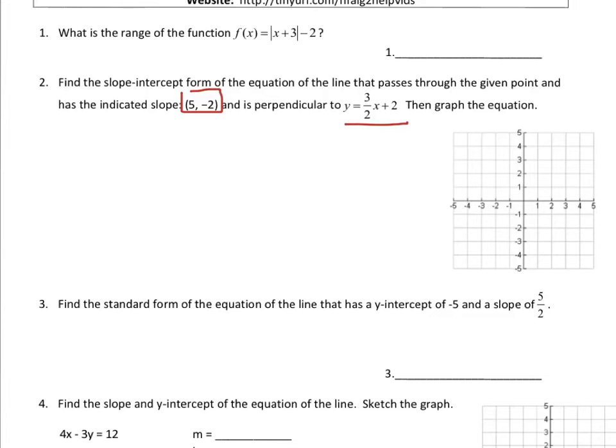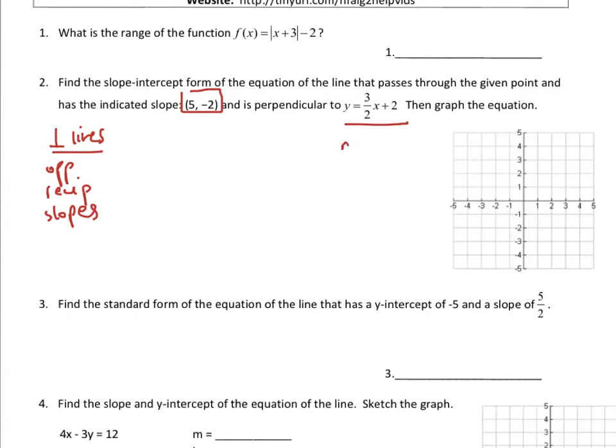But if two lines are perpendicular, they have what we call opposite reciprocal slopes. So perpendicular lines have opposite reciprocal slopes. And what that means is you take the opposite, which is if it's positive, it becomes negative, and then you take the reciprocal, which is if it's a fraction 3/2, the reciprocal of that is 2/3.